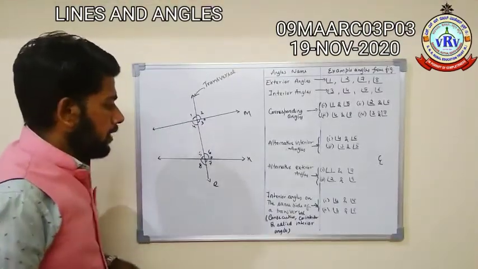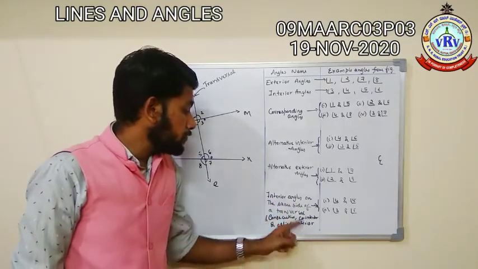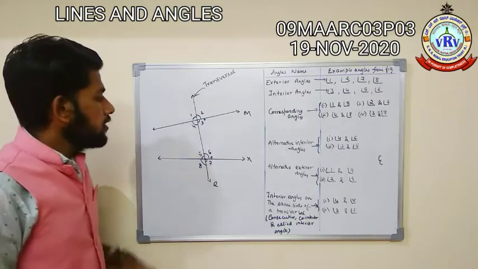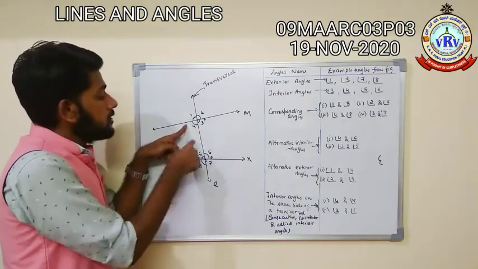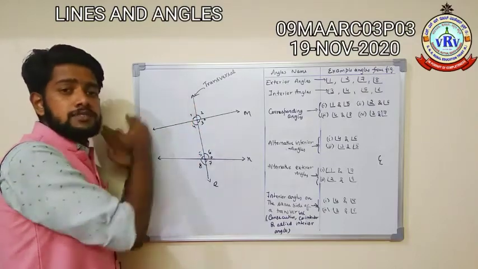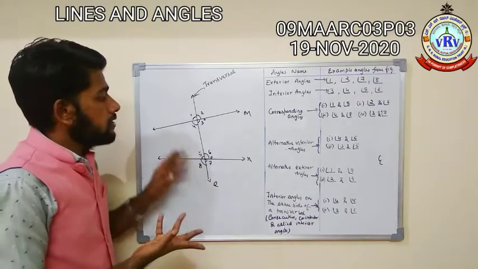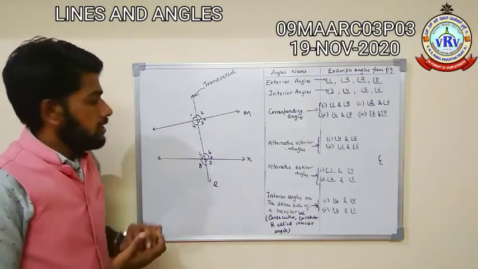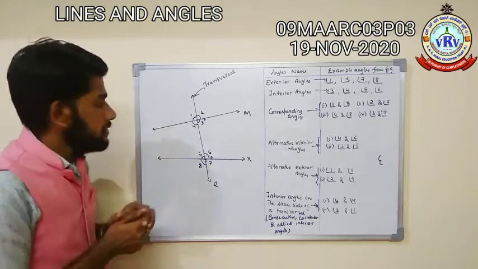Okay. Next, come to interior angles on the same side of the transversal. Here we have to consider the interior angles, and the angles should be on the same side of the transversal. If it is a different side, then it is alternate interior angles. If it is the same side, it is interior angles on the same side of the transversal.